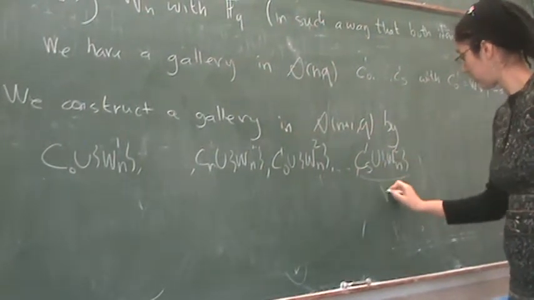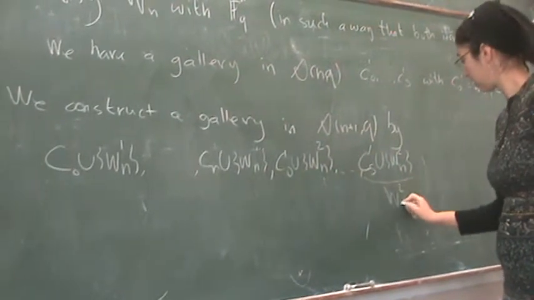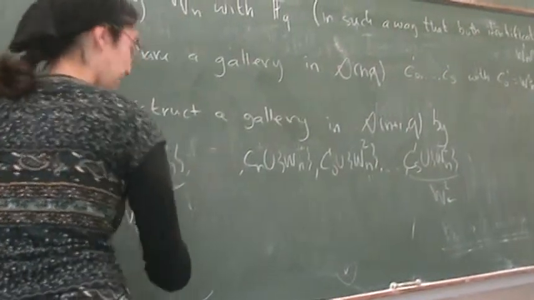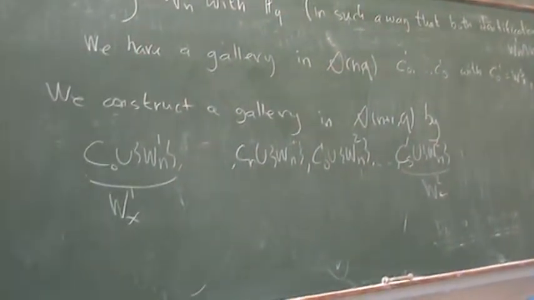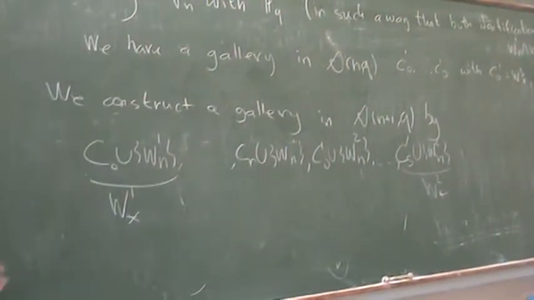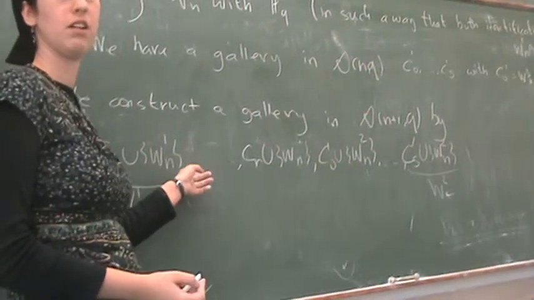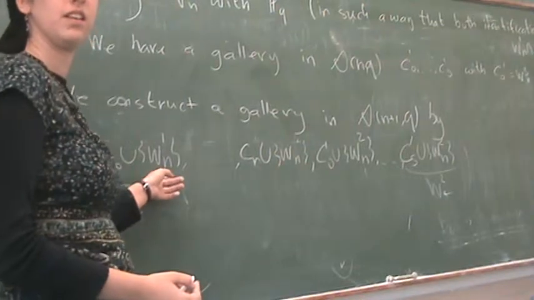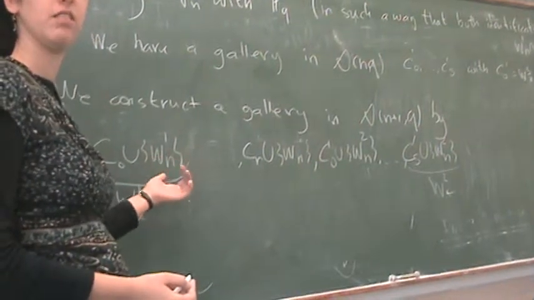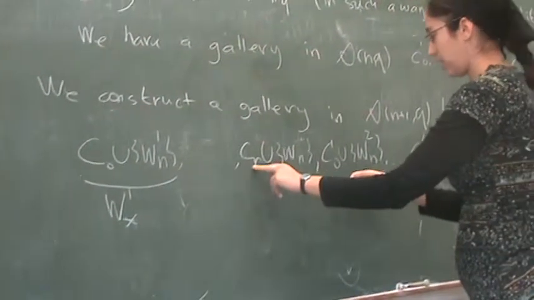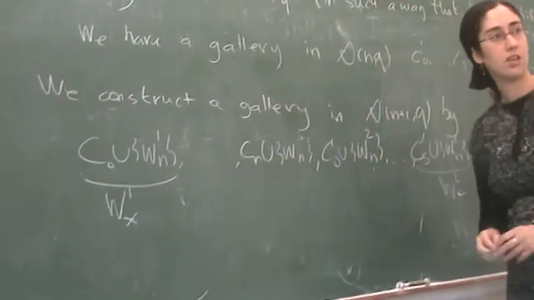And this is just W2. This is W1. And the intersection between two chambers here is a wall because they differ exactly by one coordinate. And the intersection here is Cr and C0, which are the same one.